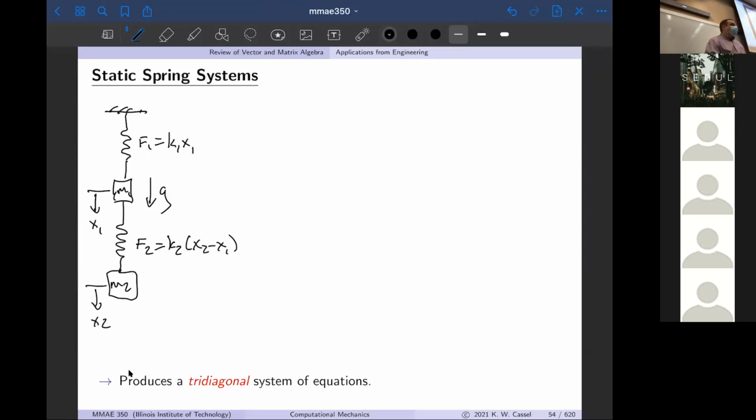So the elongation of the second spring is the difference between those two. Again, don't get caught up in the details. I just want you to see, starting with physical problems, asking physical questions, that they lead to a mathematical problem that in this case just happens to be an Au equals B. Don't get caught up in signs. Why is that positive? Why is that negative? Don't worry about those details.